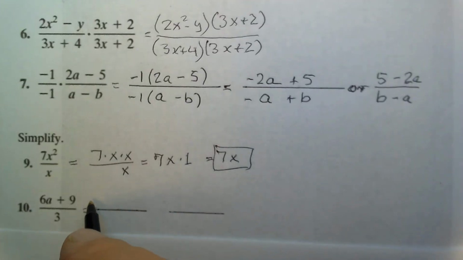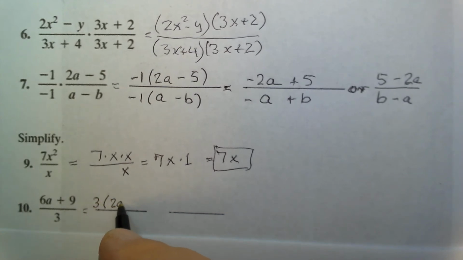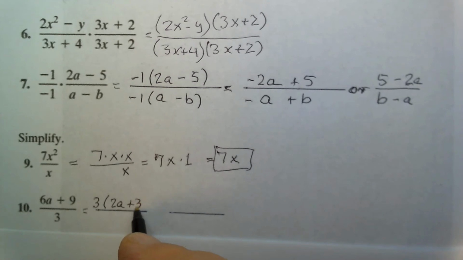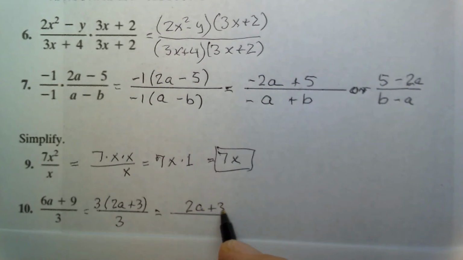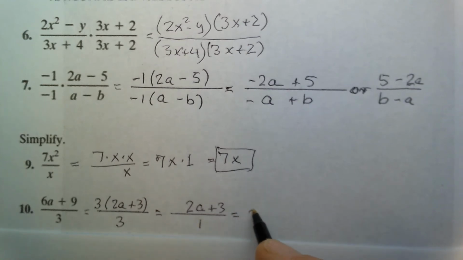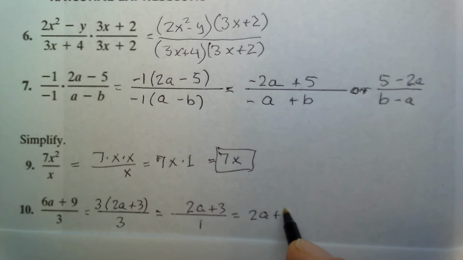And the greatest common factor in the numerator is 3. So we have 2a plus 3 divided by 3, and then the 3's cancel. So it would be equal to 2a plus 3 divided by 1, which is equal to 2a plus 3.